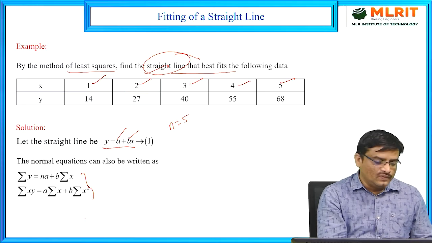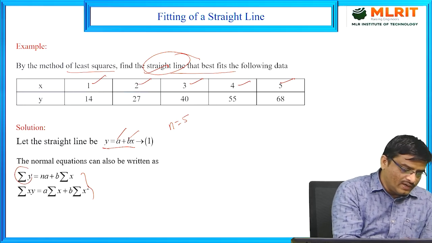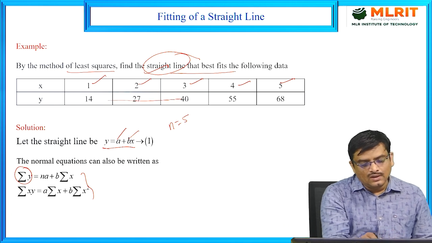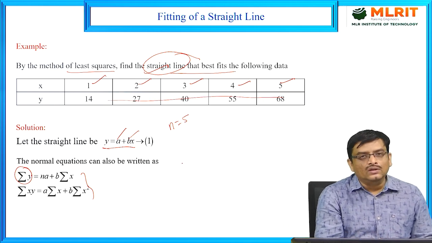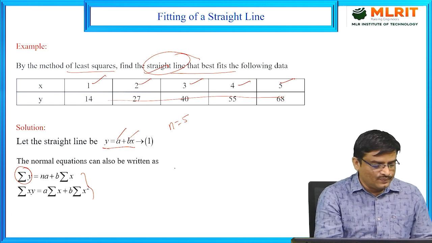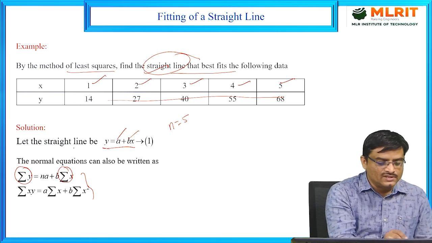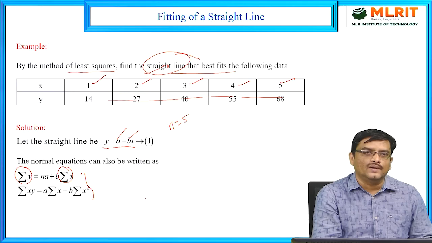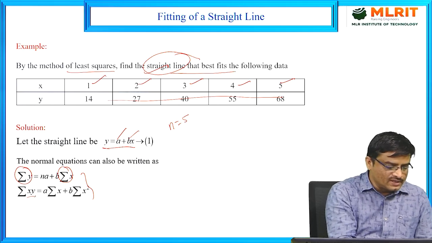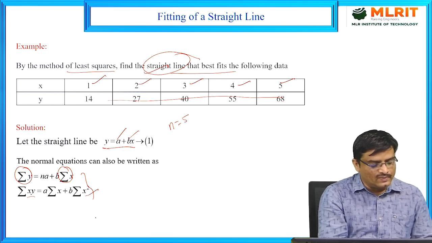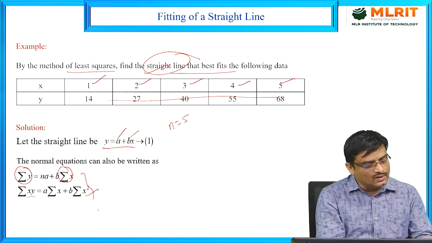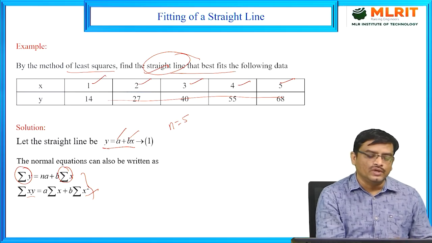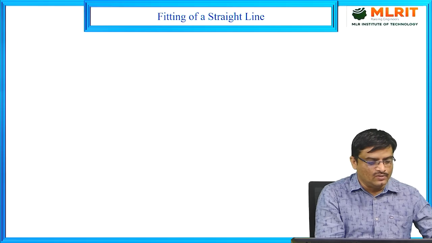Now we have to find the summation of y, which is adding all the y values given in the data, and summation x, the sum of all the x values. Then find summation xy and summation x square, substitute these values in the equations, and we get two equations. Solve them to get our required a value and b value.